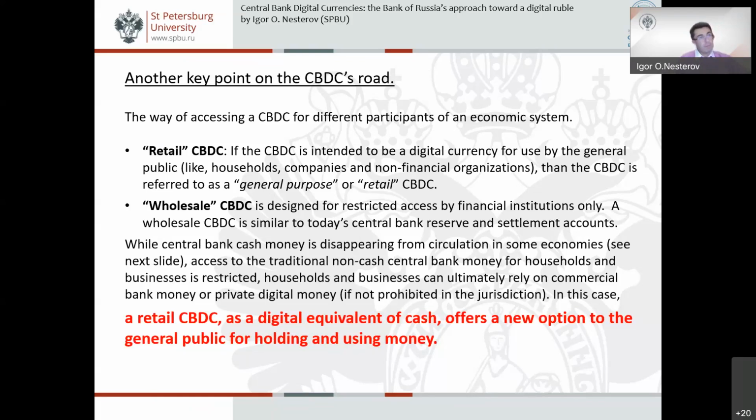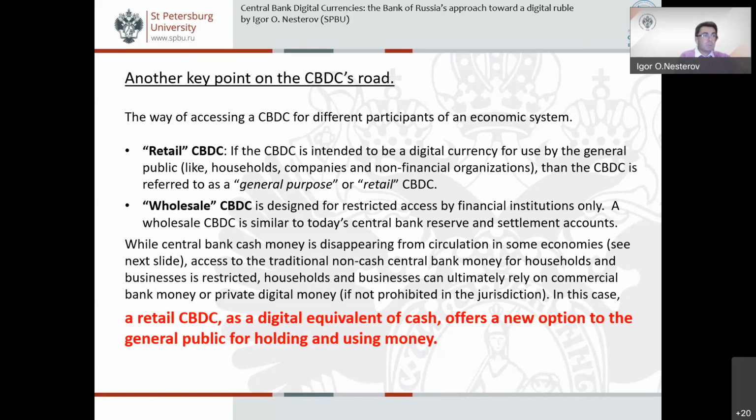So if the central bank digital currency is intended to be a digital form for use by the general public, like households and businesses, companies, non-financial organizations, then this type of CBDC is traditionally referred to as general purpose or retail CBDC.